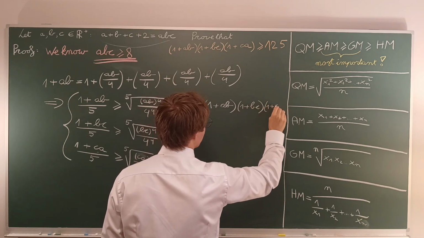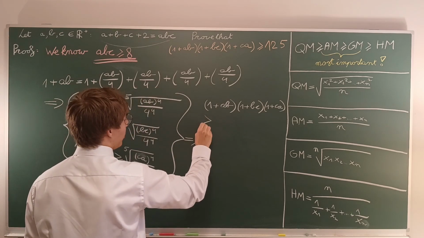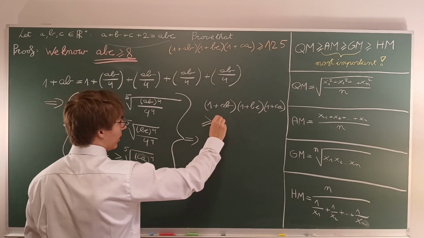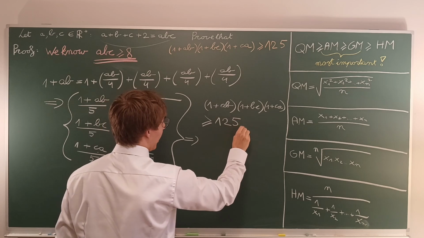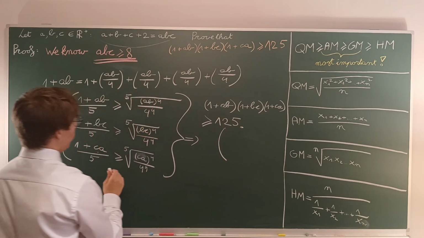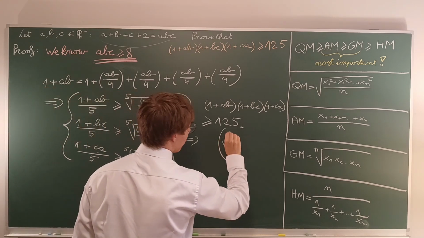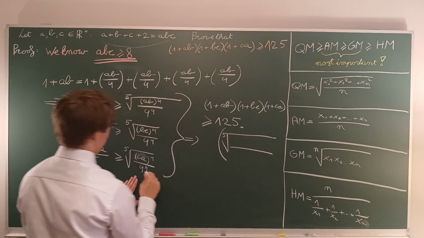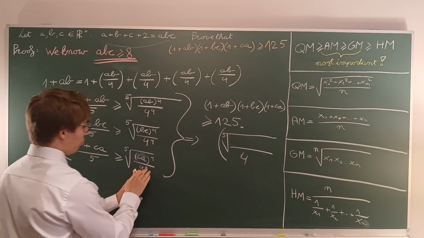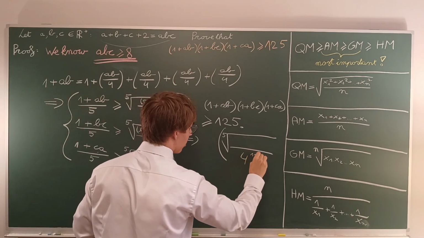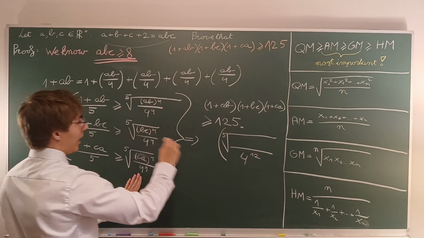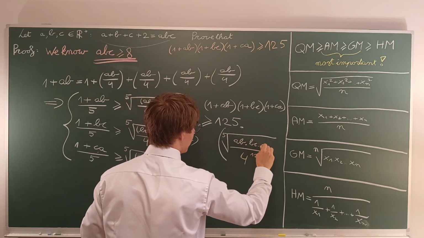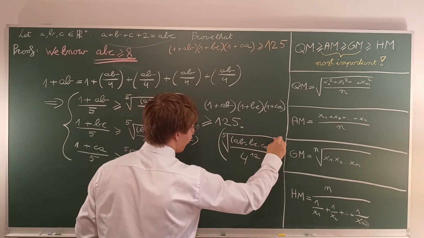times 1 plus ca is greater than or equal to, then we can multiply all the 5s to the other side of the equation, and we get 125 times a big product, which is the 5th root of the product of all these terms, which will be 4 to the 12th, and on top we will have ab times bc times ca to the 4th.